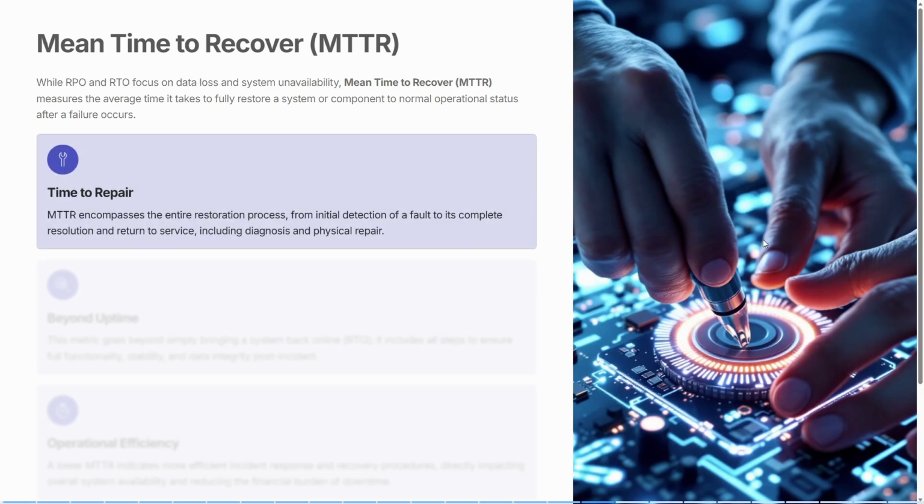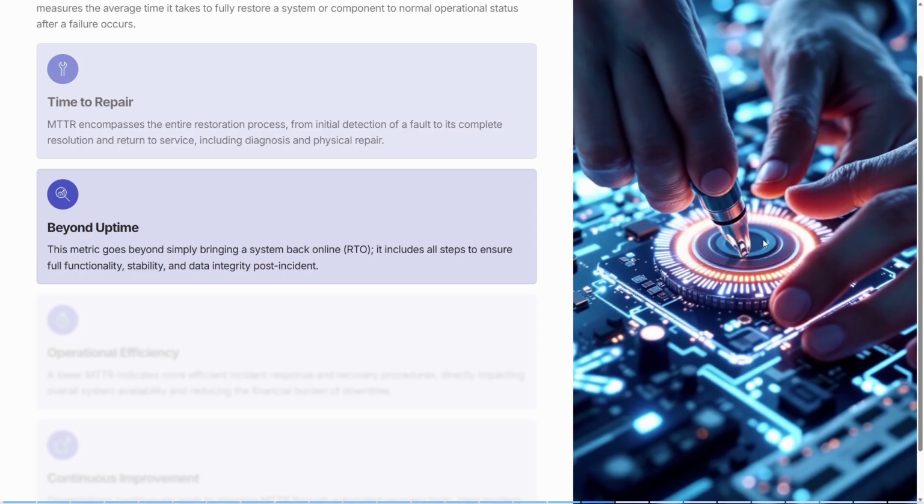Mean time to recovery is basically talking about the restoration process. How long does it take you from shutting down to being back up again? And talking about RTO, this MTTR goes beyond just bringing a system back online, which is what RTO is about. It also includes all steps to ensure full functionality, stability, and data integrity post-incident.